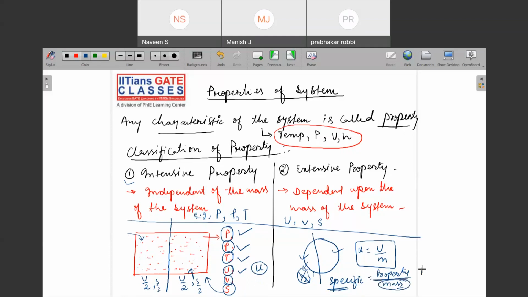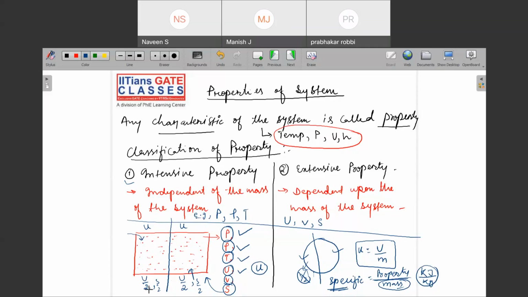If this unit was kilojoule, then it has been converted into kilojoule per kg. Then again if you divide it into two equal parts, this part will have the same specific internal energy as this one. That means specific internal energy, or any specific property, does not change when you divide the system into two equal parts.